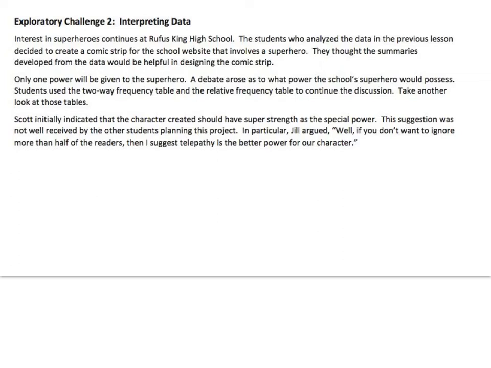Take another look at those tables. Scott initially indicated that the character created should have super strength as the special power. This suggestion was not well received by the other students planning this project. In particular, Jill argued, well, if you don't want to ignore more than half the readers, then I suggest telepathy is the better power for our character.